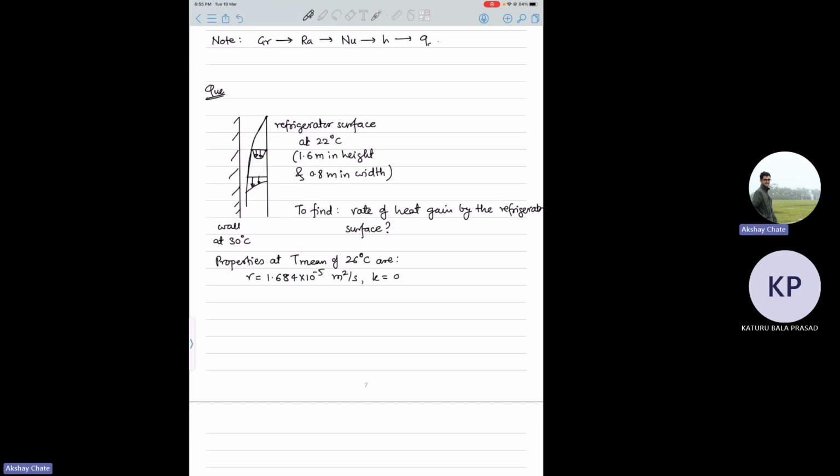Thermal conductivity is 0.26 watt per meter Kelvin. They have given you alpha also, the thermal diffusivity, which is 2.21 into 10 to the power minus 5 meters square per second.